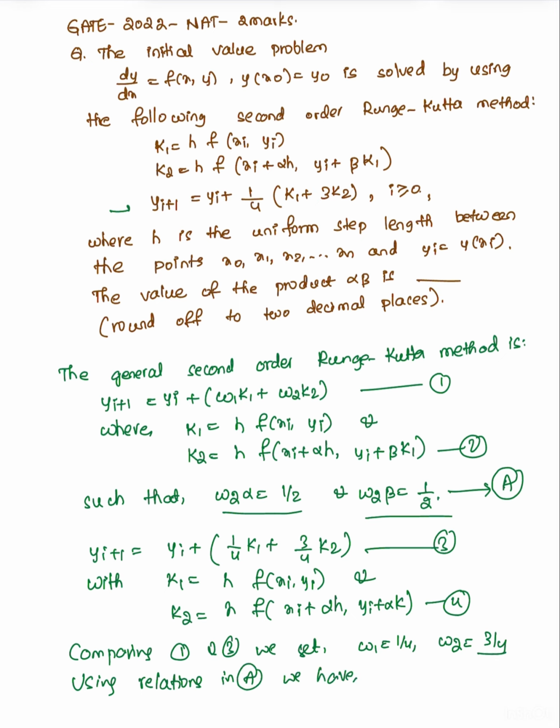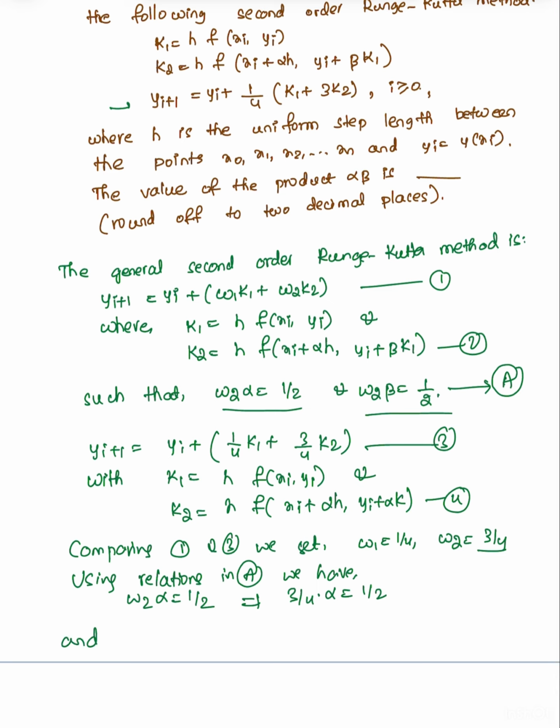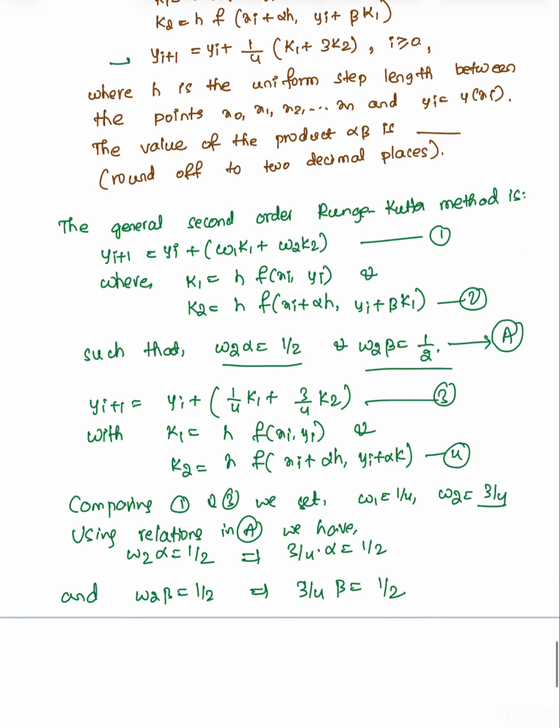So w2 is 3 by 4. w2 into alpha is equal to 1 by 2 gives 3 by 4 into alpha is equal to 1 by 2, and w2 into beta is equal to 1 by 2 gives 3 by 4 into beta is equal to 1 by 2. So now we have to find what is alpha and what is beta.